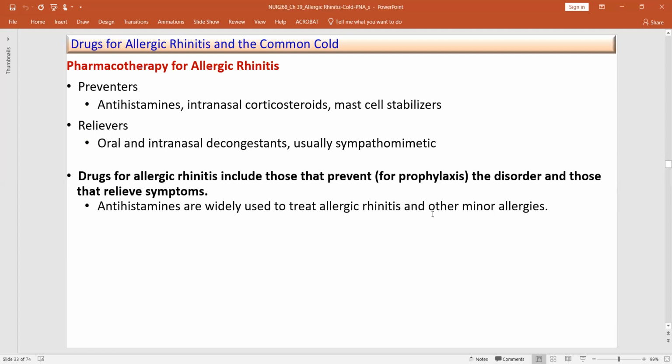The antihistamines are widely used to treat allergic rhinitis and other minor allergies. Antihistamines are also often combined with decongestants and antitussives, anti-cough medications, in the over-the-counter cold and sinus medications. As we said, these are all over-the-counter medications that can be taken with no prescription.